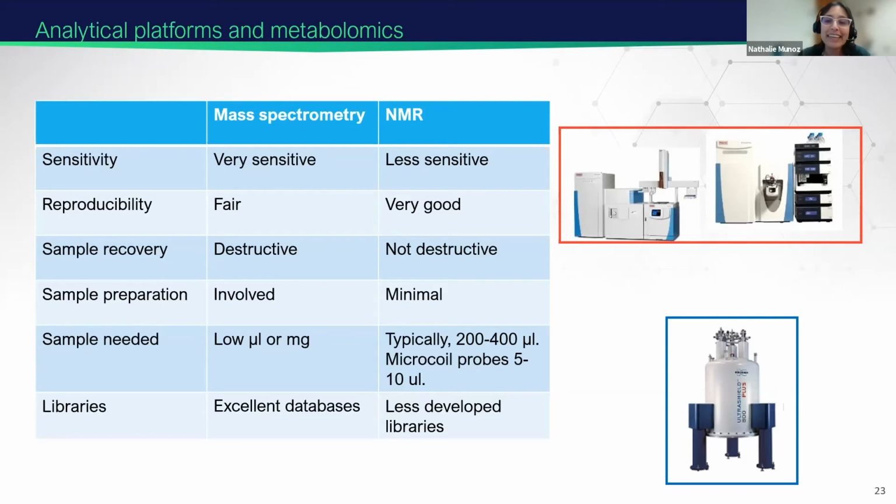And finally, in this very brief comparison, MS has excellent databases while NMR libraries are still in development. So as you can see, each technique has its pros and cons. The list is way longer than this, but in general, they're complementary. It's known that there's no universal analytical technique for measuring the two. So combining the power of both is the ideal situation in a metabolomic scenario.